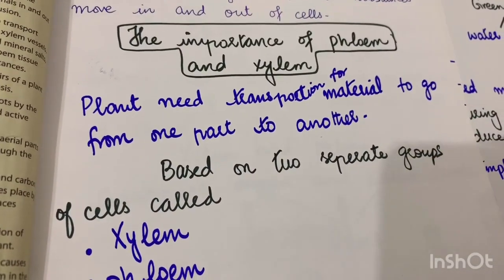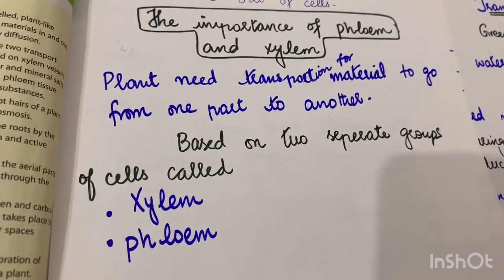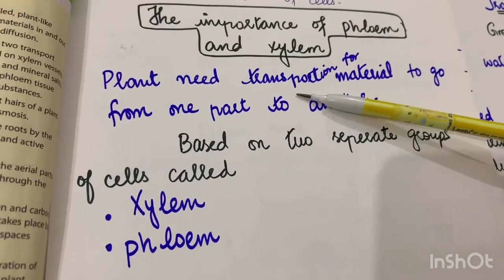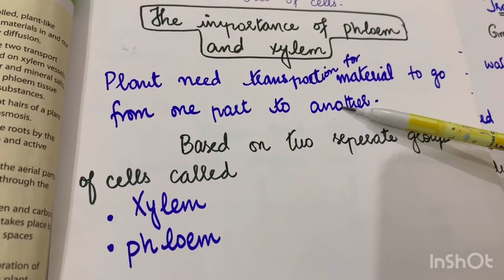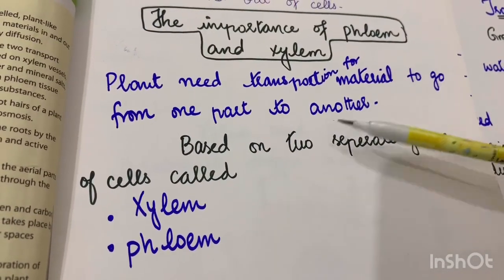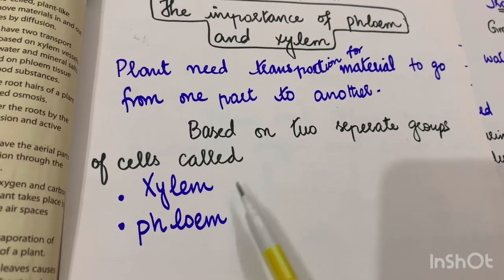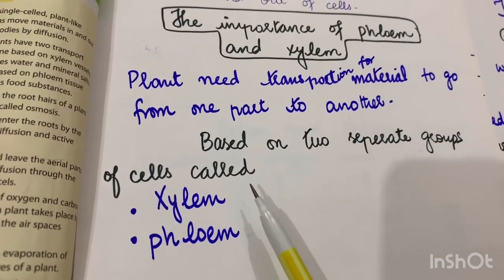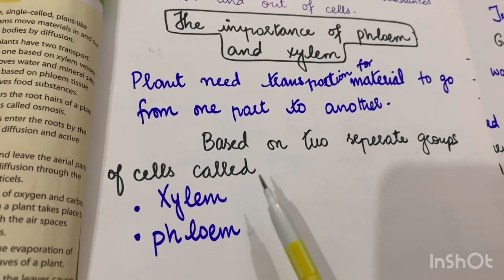They do it by two separate groups of cells, called xylem and phloem.